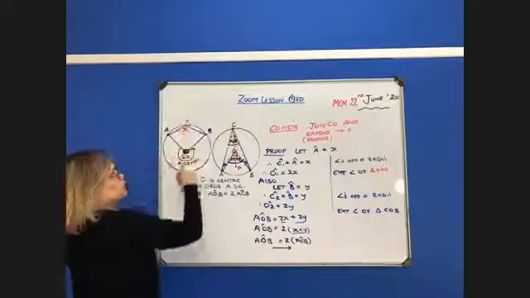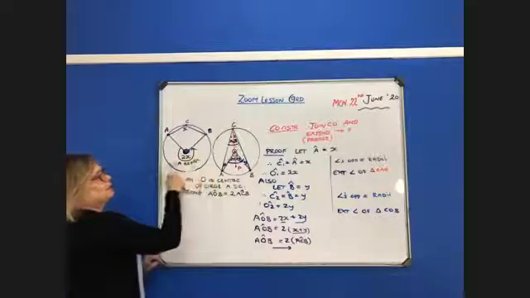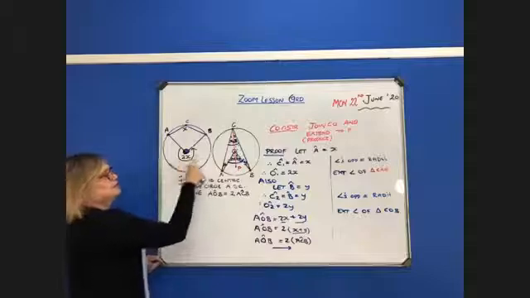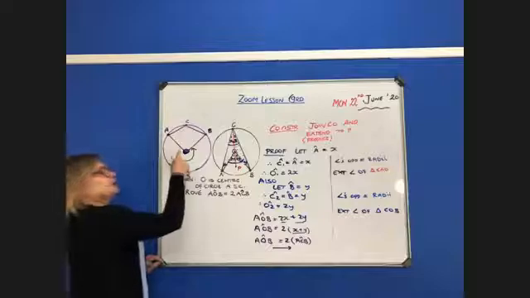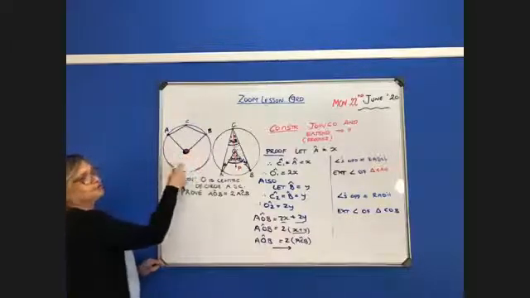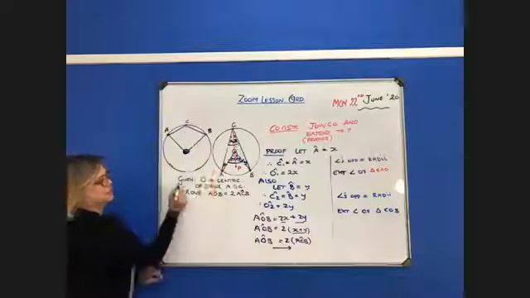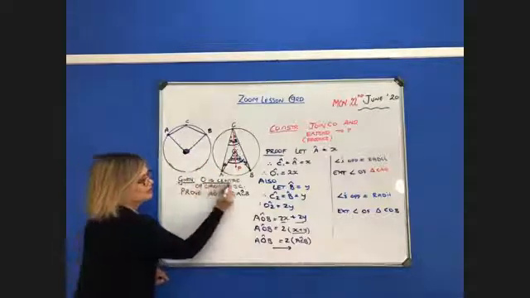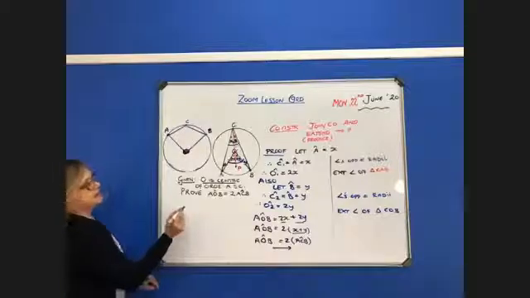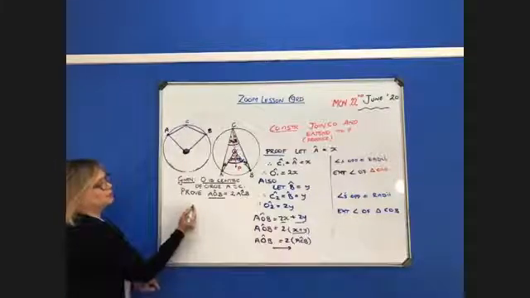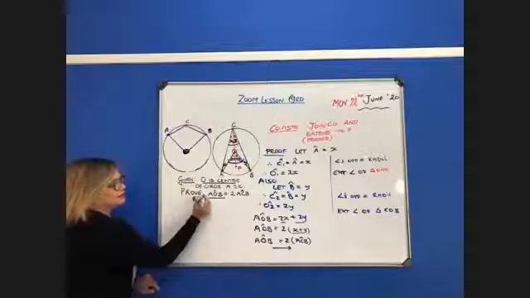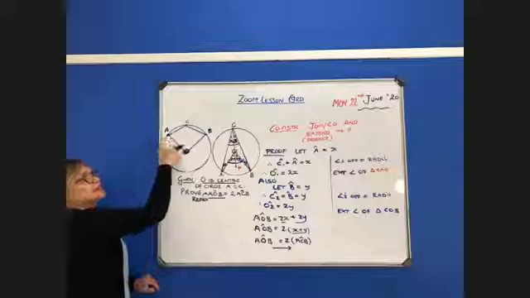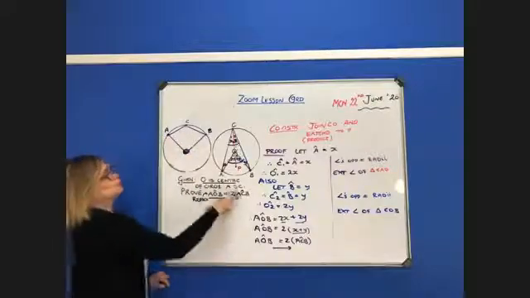I'm just going to take away the word reflex and the 2x, and they would not put a line there, but what they could do in your exam is draw this diagram instead of this diagram. They will say O is the center of the circle, and they might say prove reflex angle AOB equals 2 times ACB.